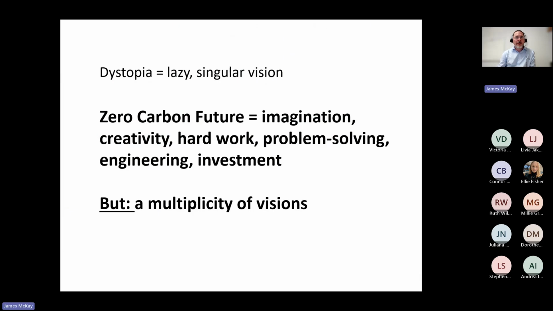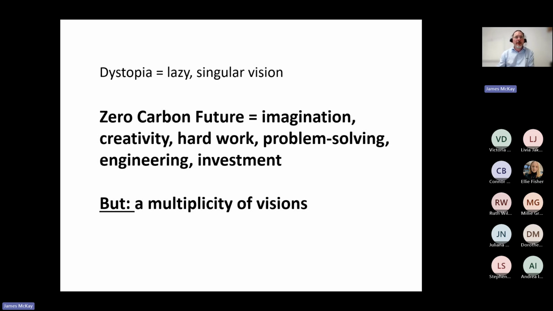So we came out of the first project in 2014 with a comic that showed lots of different visions of the future, but I wanted to focus more on a positive vision of the future. So we realized that dystopia, which is the bad future, is a kind of lazy future, because it's almost like we don't really need to imagine that, because we can see that happening around today in countries that are ravaged by war or environmental disaster.